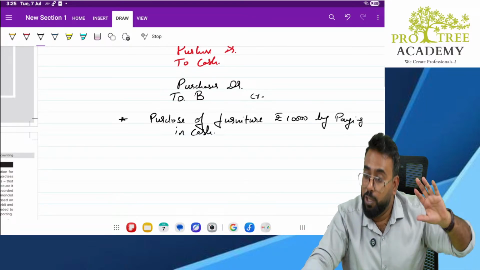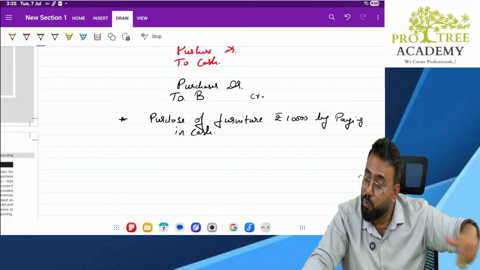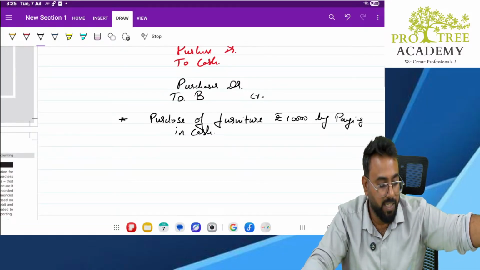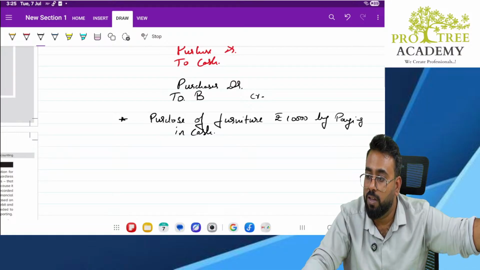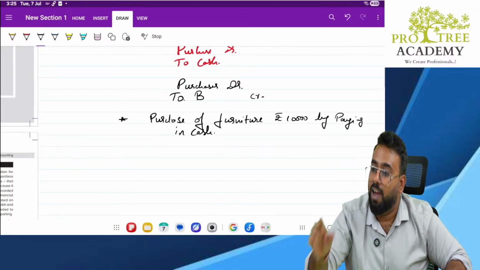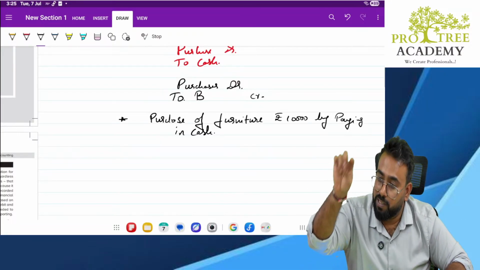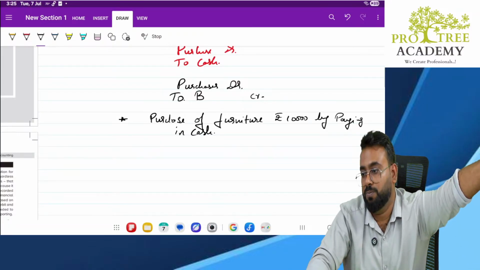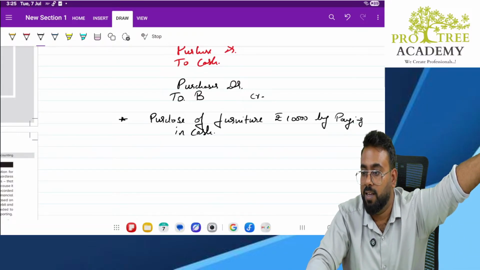I will keep it, and of course, when I purchase, there is economic benefit outflow. But by using it, will I generate more and more economic benefit inflow? Yes or no? I generate more and more economic benefit inflow. Correct? So that is why, of course, it fulfills the definition of purchases, expenses also, but it is fulfilling the definition of asset also. Correct? Yes or no?